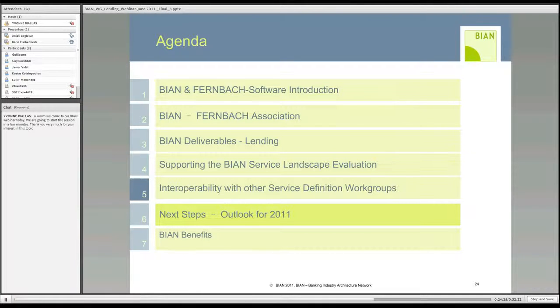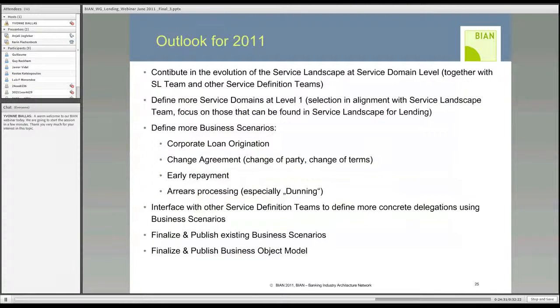Like I mentioned, again, increase the scope to corporate loans or corporate loan products, changing agreements, early repayments, dunning and delinquency management. So these are some of the service domains and business scenarios around it that we intend to take up from the new service landscape.